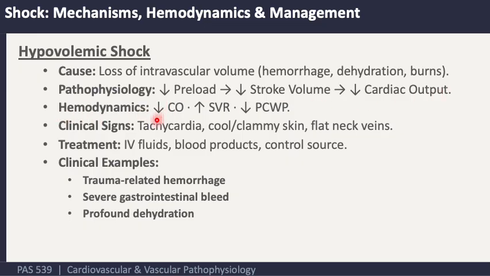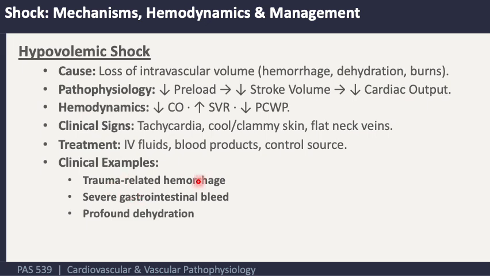Hemodynamics: you have a decreased cardiac output, an increased systemic vascular resistance, and a decreased pulmonary capillary wedge pressure. Clinical signs will show tachycardia, cool and clammy skin, and flat neck veins. Treatment is IV fluids for resuscitation, blood products if possible, and to control the source of loss.